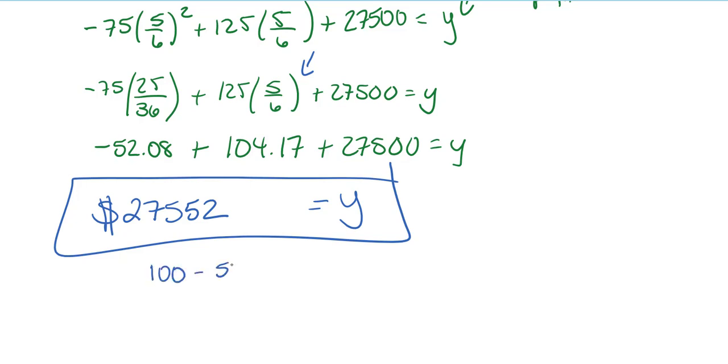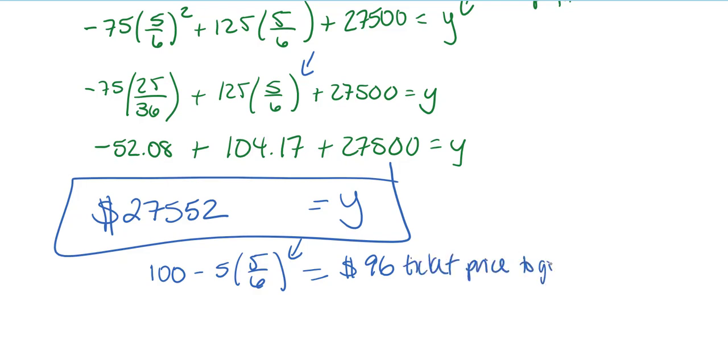Well, 5 over 6 is a little bit less than 1. So we're basically going to have something like $96 for the ticket price to give max profit.